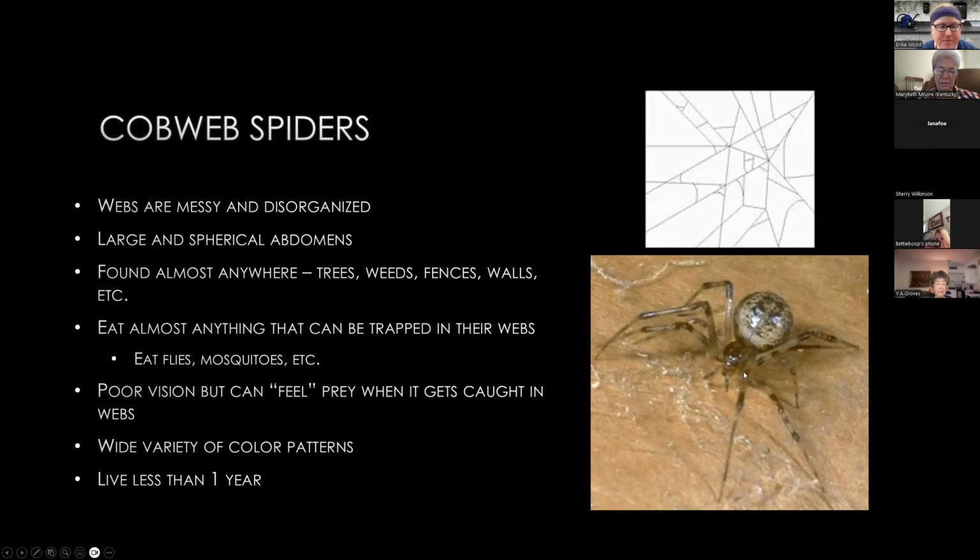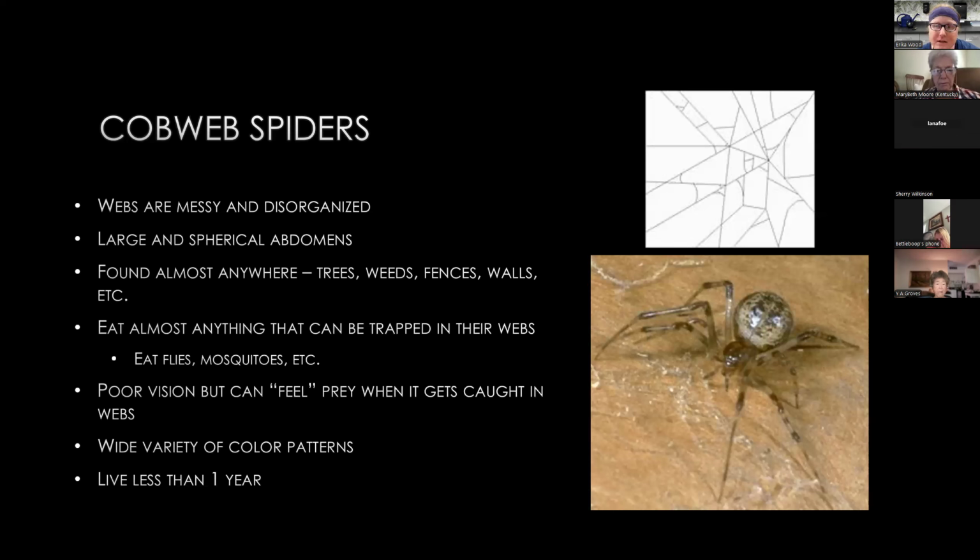Now, with spiders, their vision depends on the type of spider. Some spiders have better vision than others. Cobweb spiders don't have great vision.